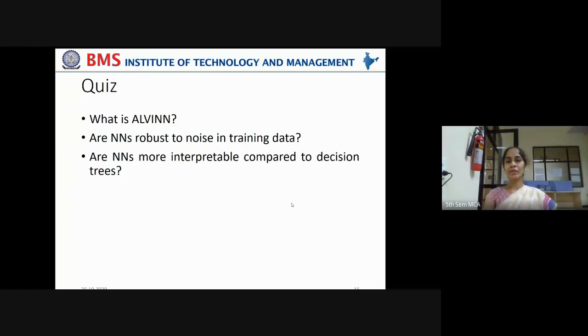Now, are neural networks more interpretable compared to decision trees? Speak out something, yes or no. Based on your answer, I'll give you further explanation. They're understandable compared to decision trees? Tell me.